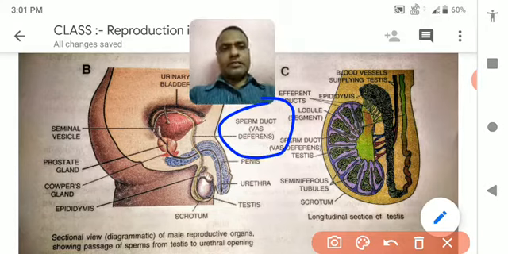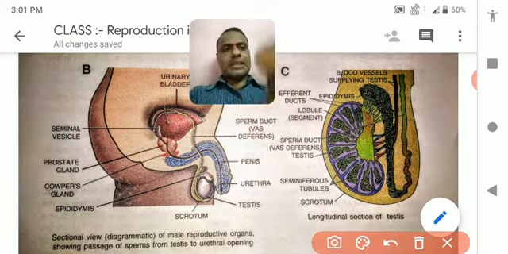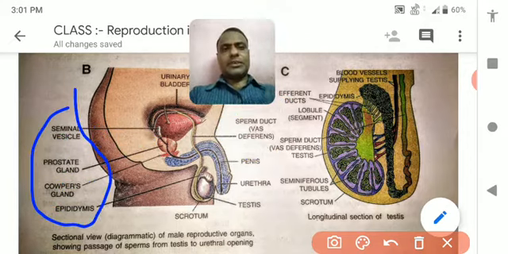Behind the urinary bladder, the two sperm ducts combine together, and the seminal vesicle, prostate gland and Cowper's gland together enter into it. So you can see three glands enter into it.